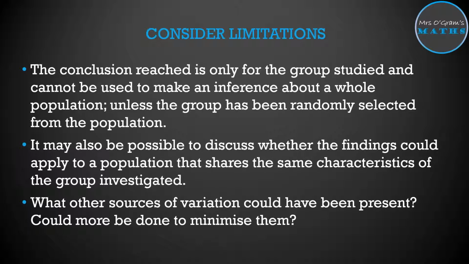But it could be something a little bit more complex than that, thinking about other factors that could have affected your experiment. Discuss what impact it would have had on your results, what kind of difference it could have made, and whether it would change the type of call that you've made in your conclusion about the results of that experiment.